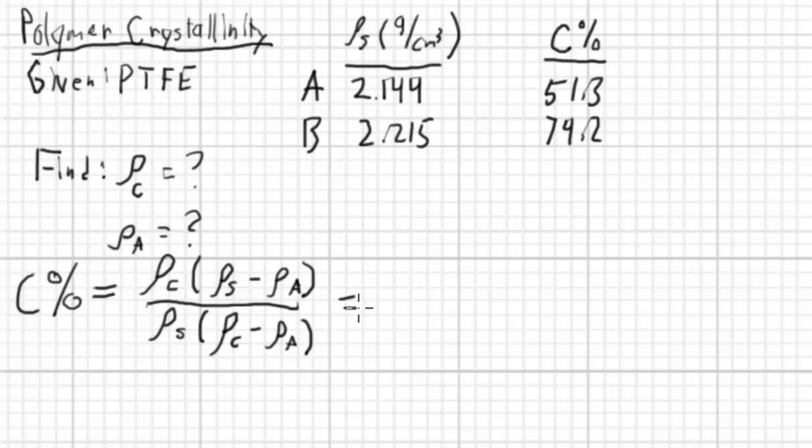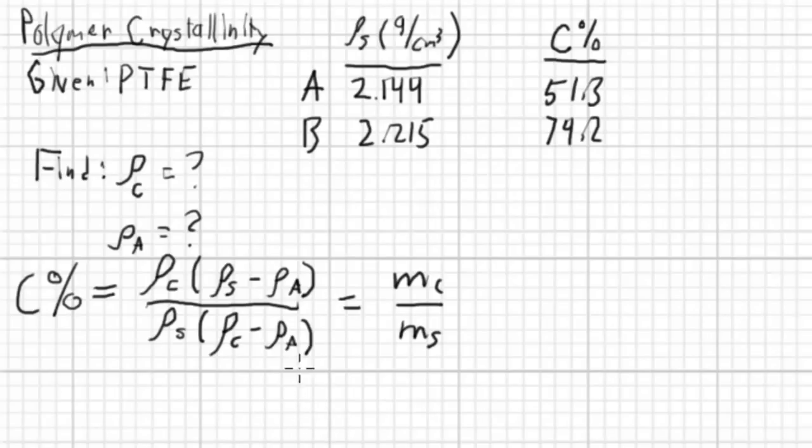This is essentially equivalent to the mass of all the crystalline form divided by the total mass, so the mass of the sample. And how this gets to this is the subject of a complete other video, as it does pose a number of difficulties.